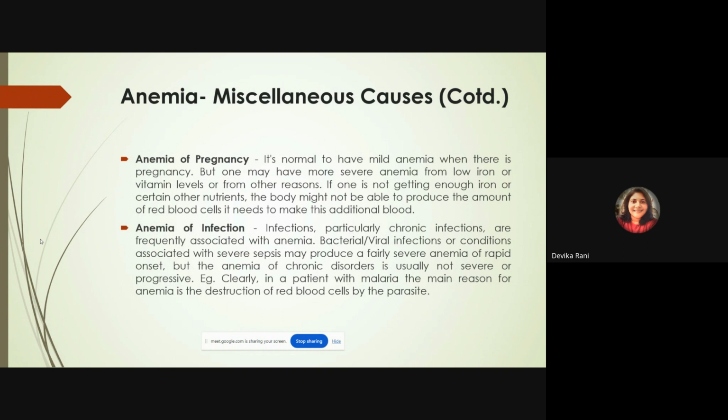Otherwise, if one is not getting enough iron or certain other nutrients, the body might not be able to produce the amount of red blood cells it needs to make this additional blood. Of course, the blood requirement is more. So the body needs enough iron and other vitamins and minerals to produce red blood cells and ensure that the person is healthy and the fetus is healthy.